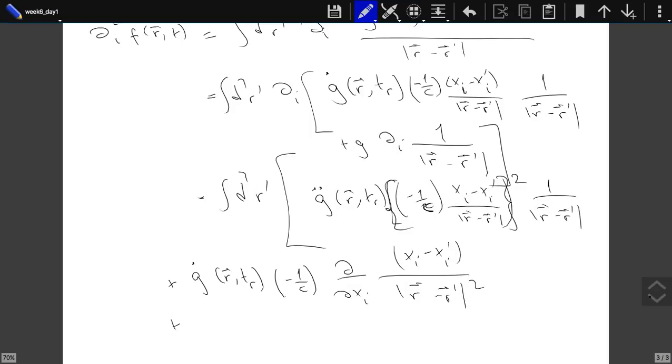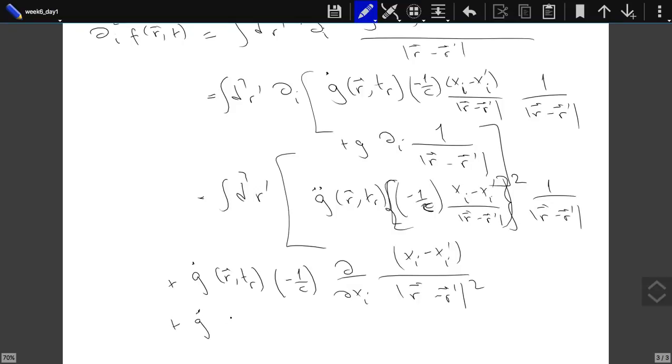Plus, well, if you look at the second line, again I will basically do the same thing. I have the derivative of g first with respect to xi, but the derivative of g with respect to xi will be just g dot multiplied by this factor. Now let me write it out.